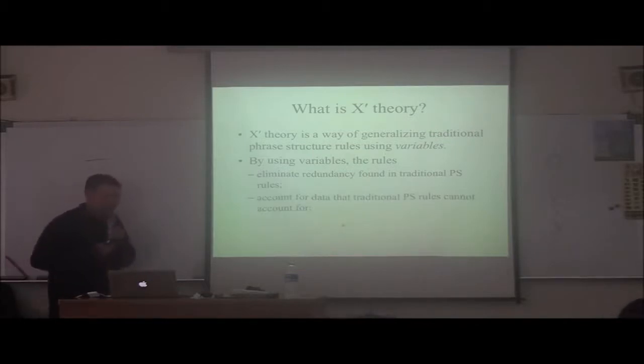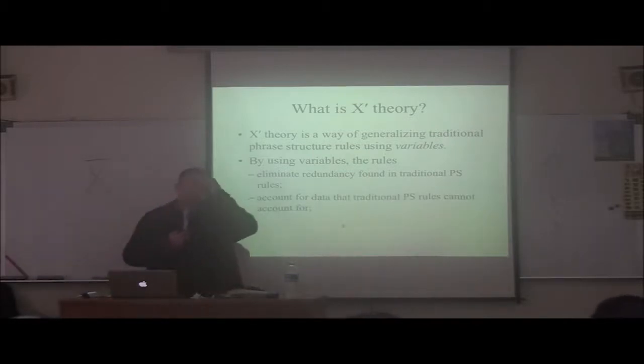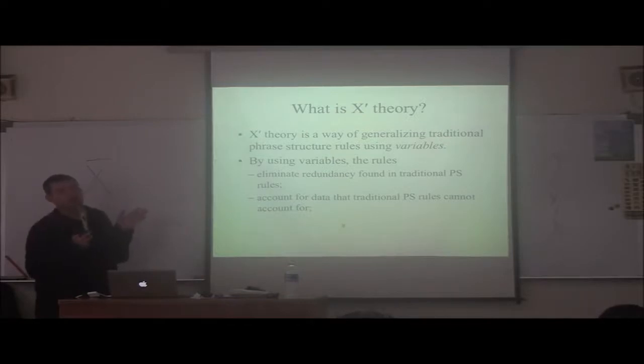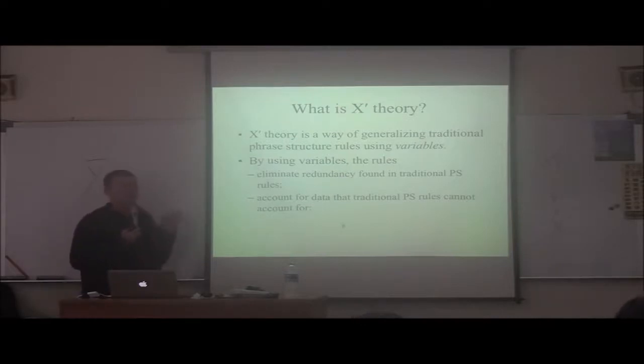In addition to this, we can make some predictions and account for some data that we were simply not able to account for using traditional phrase structure rules, especially due to the fact that we identify types of constituents and elements in a phrase that are classes that are distinct from categories themselves.